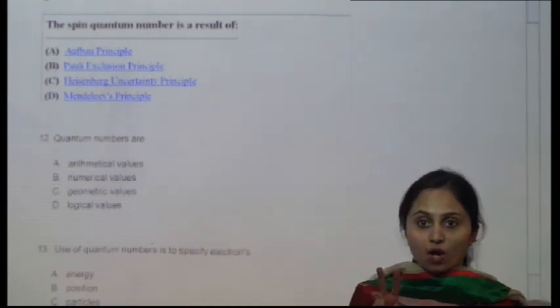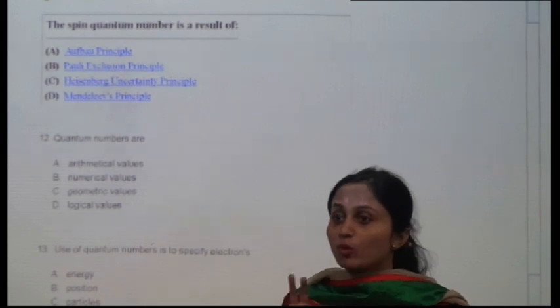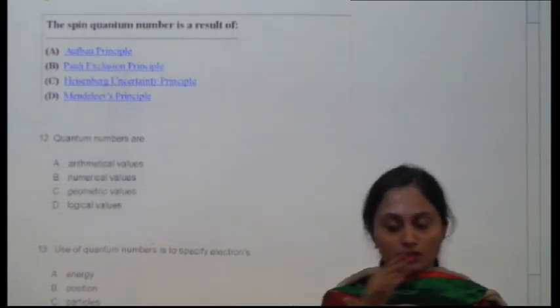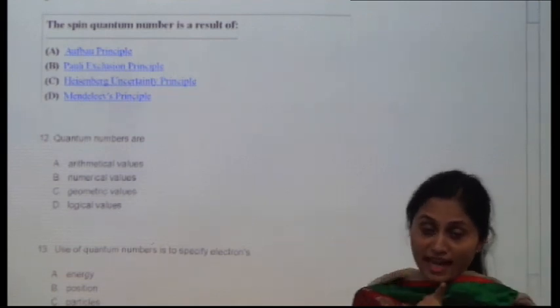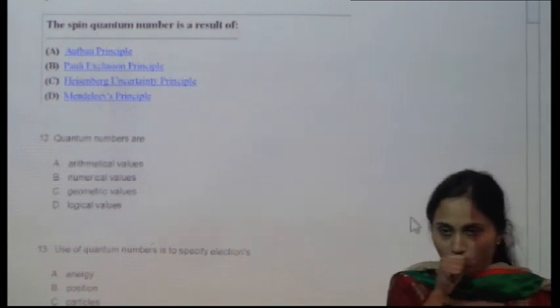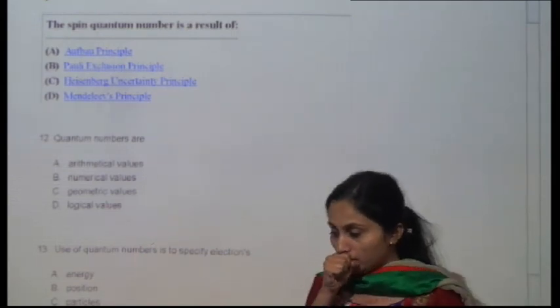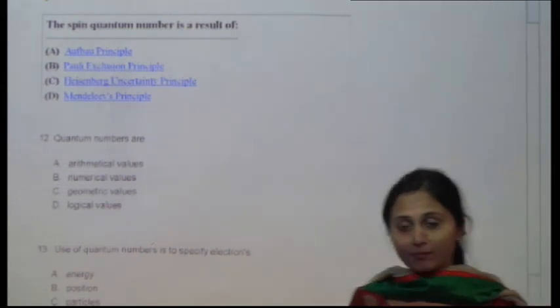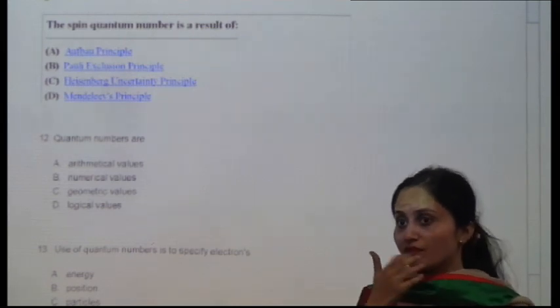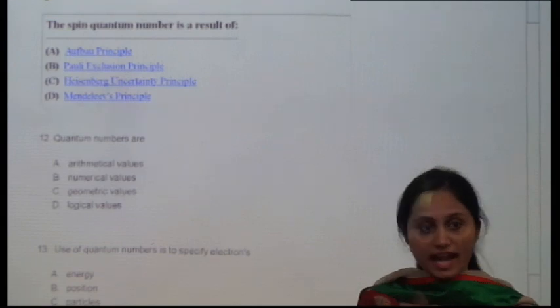No two electrons can have all the quantum numbers the same. But n, l and m can be the same, so s has to be different. N, l and m can be the same, say for 3p or 3d.